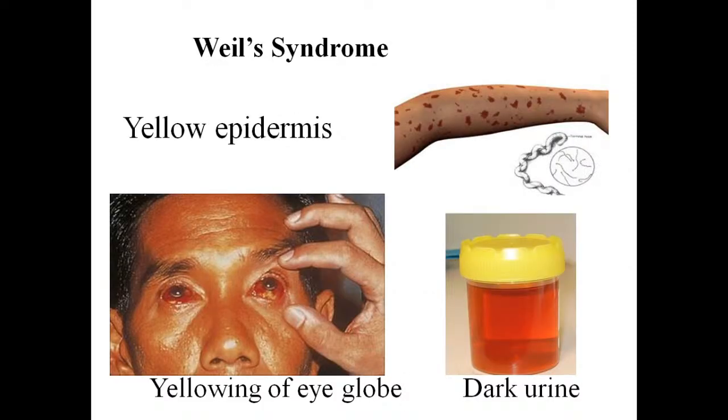In these diagrams you can see a patient with Weil's syndrome. Dark urine is observed, rashes because of bleedings, and yellowing of the eye globe. Why? Also because of bleedings.